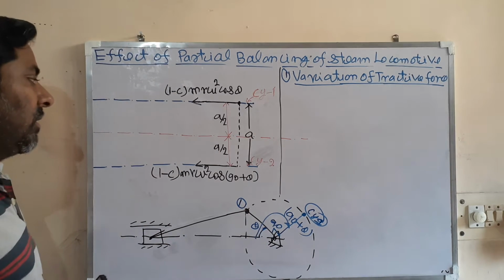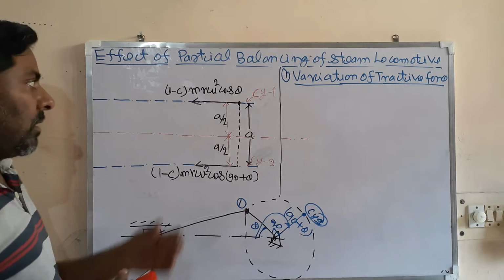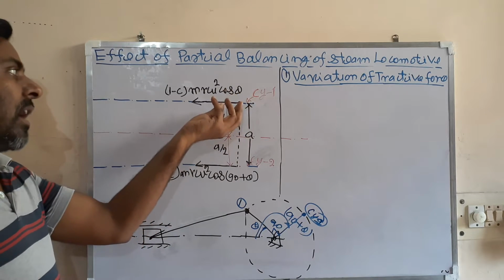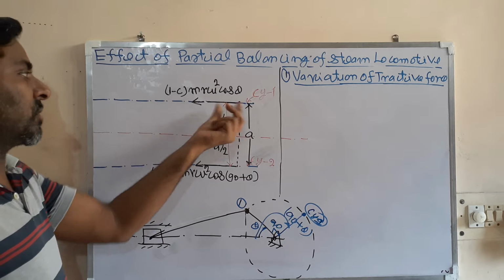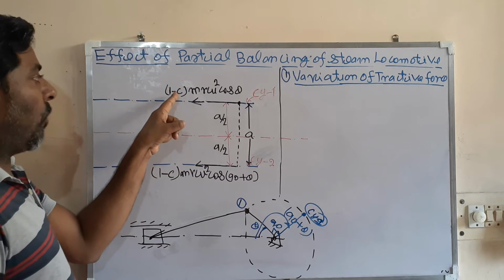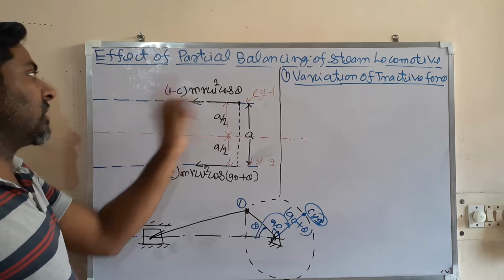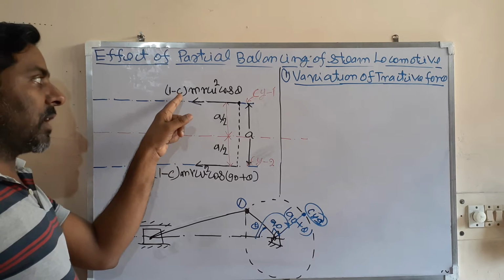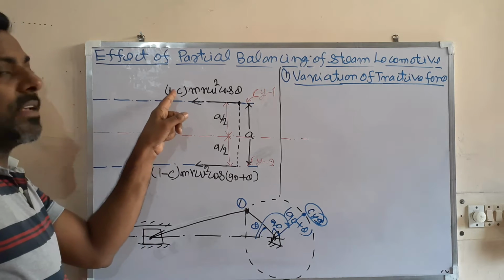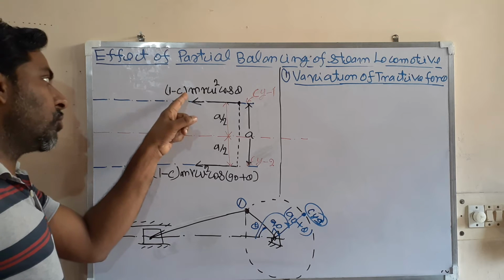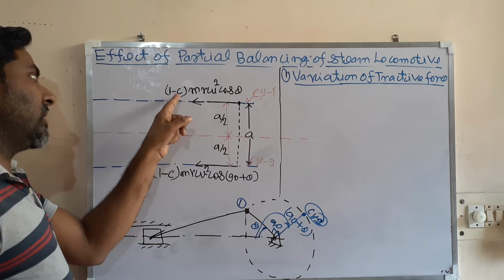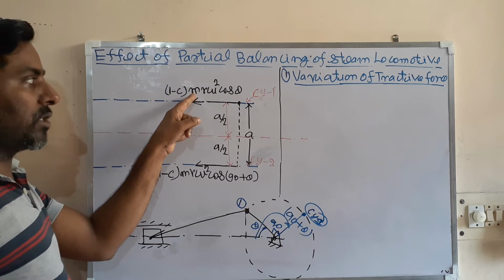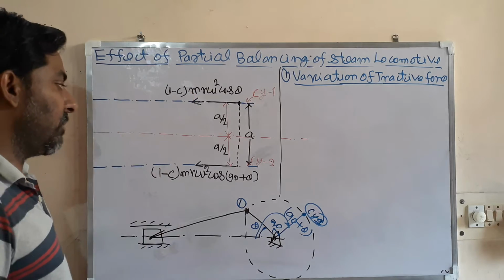Already you have calculated that the unbalanced force along the line of stroke will be (1 minus c) m r omega square cos theta. This c is the fraction of mass which must be balanced, not the total, only a fraction of the mass, and m is the reciprocating mass.